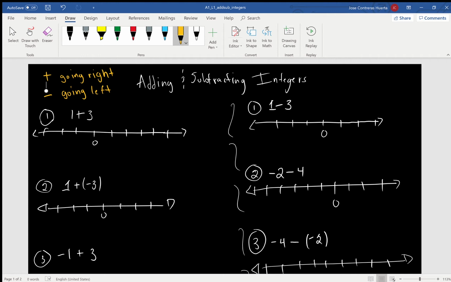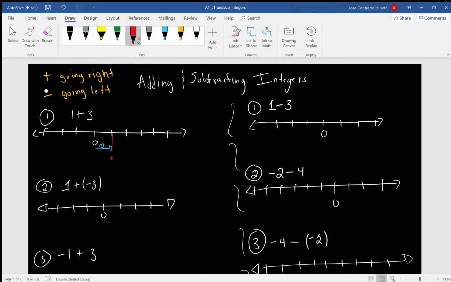Now, when we have 1 plus 3, what it's basically saying is that we start with the first one, which is 1. So we move a distance of 1. And then starting from where we ended, which is at 1, because the next one is a positive 3, that means I have to keep on going right, because positive means going to the right.